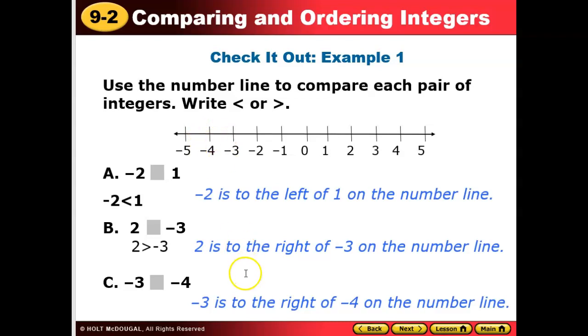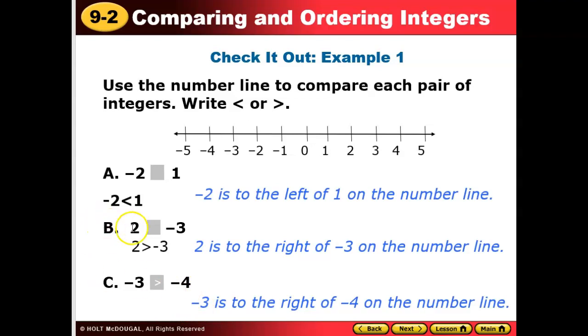And just like it says down here, -3 is to the right of -4 on the number line, so it is greater. So -3, let's see if I can do this, is greater. Ooh, that worked. -3 is greater than -4.